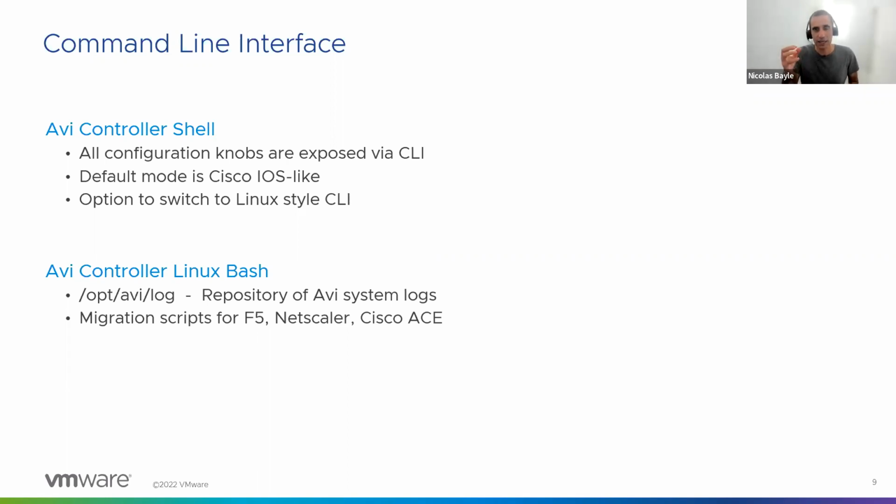So this will require some work from you, but what we have done is we have created some scripts to translate the F5 configuration to AVI configuration. We are also providing scripts to translate NetScaler configuration to AVI configuration.